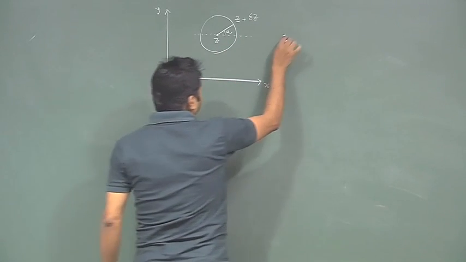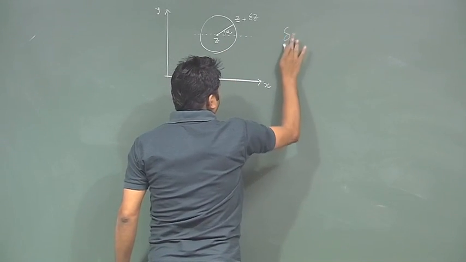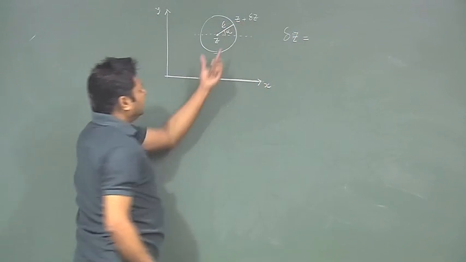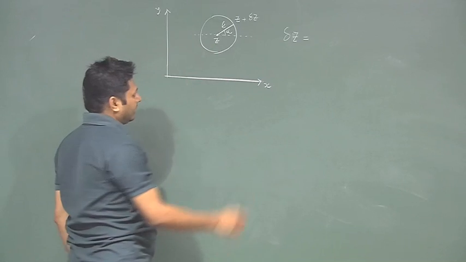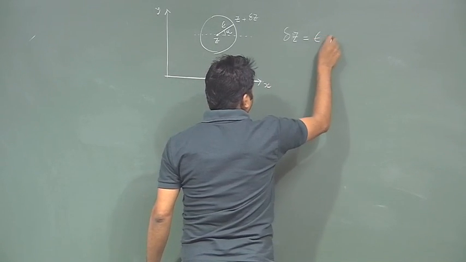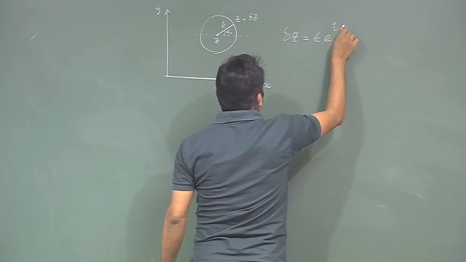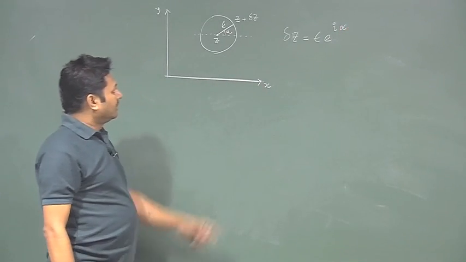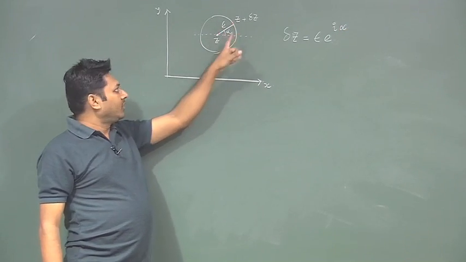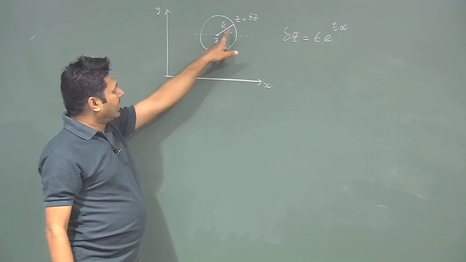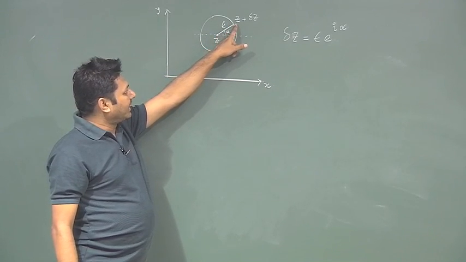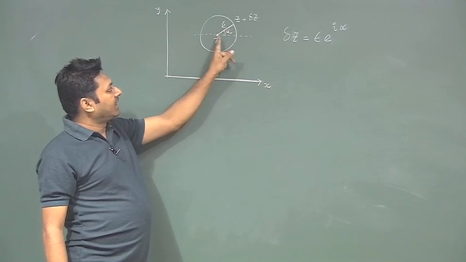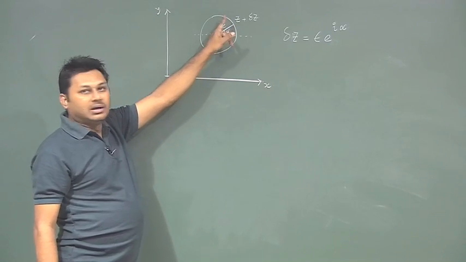If I write the radius as epsilon, delta z can be represented as epsilon e to the power of i alpha. I can always write this, because this is the point and I want to put another point delta z whose radius is epsilon, and alpha is given.